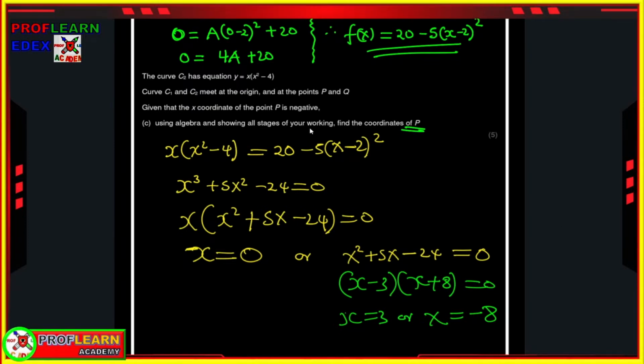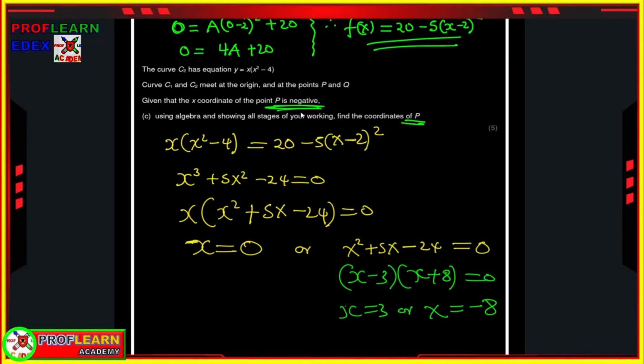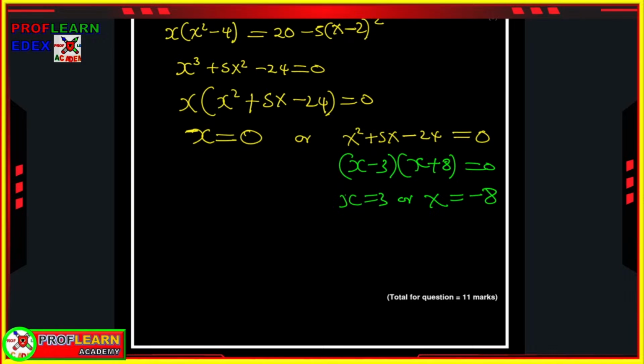We are told that P has a negative x coordinate, therefore the x value is that one.